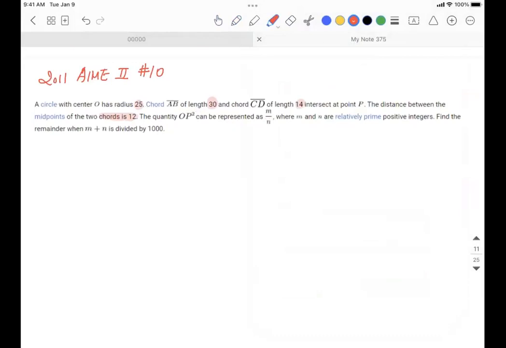The quantity OP squared can be represented as m over n, where m and n are relatively prime numbers. Find the remainder when m plus n is divided by 1000. So like I said, this is a typical AMC way to ask you a question. But long story short, the question wants you to find the value of OP squared.